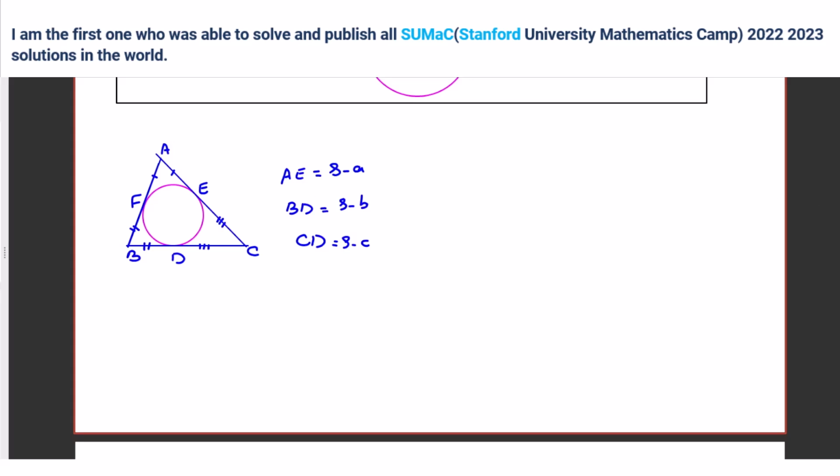And if we consider this circle, ABC, if we consider this one as L, this one as N. AL is what?